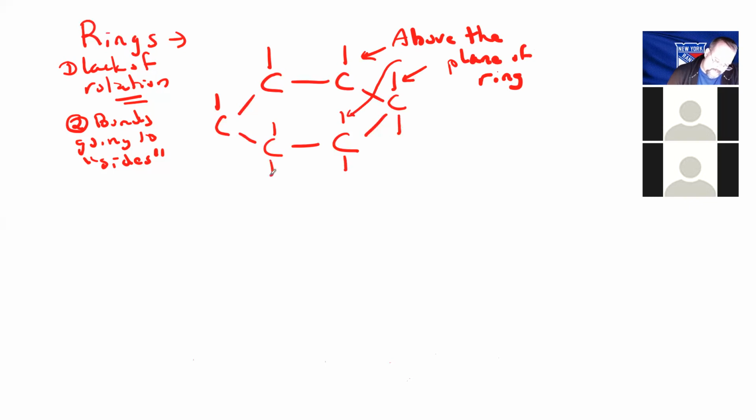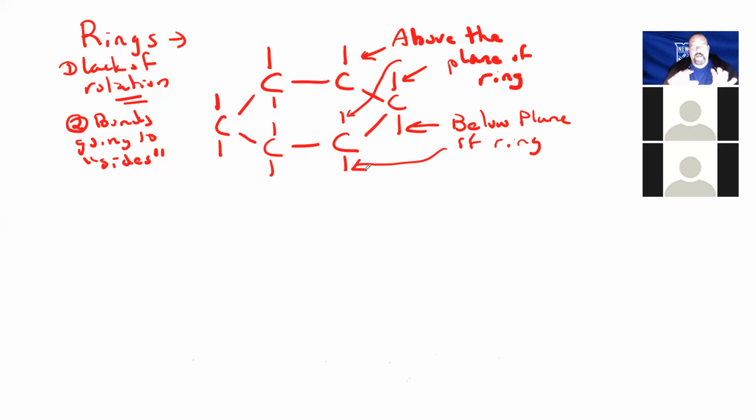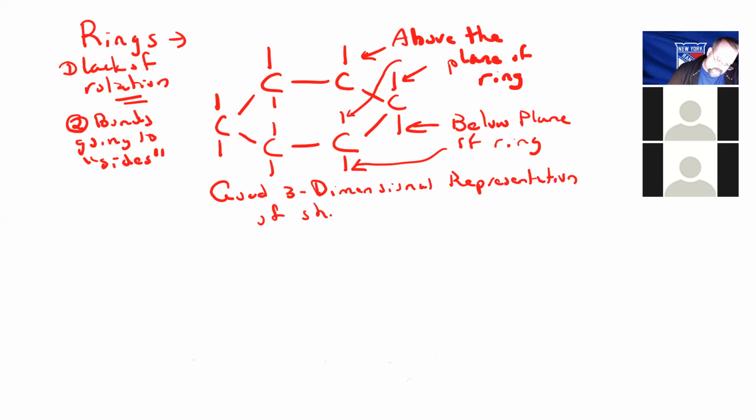And they each have one bond below the plane of the ring. See here and there. And this drawing, the way this is drawn right here, is actually a good three-dimensional representation of showing this aspect. In other words, the bonds, and I need to fill in one more bond right here, sorry, of the bonds going above the plane of the ring and below the plane of the ring.